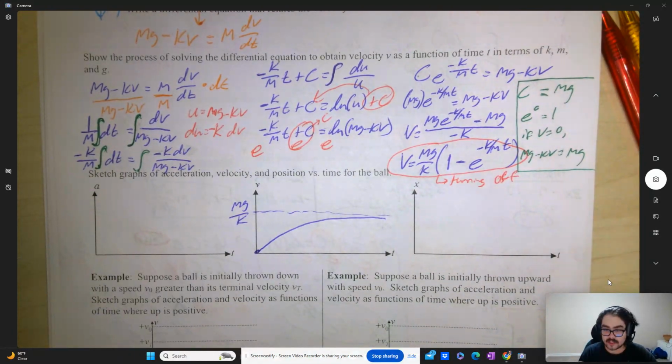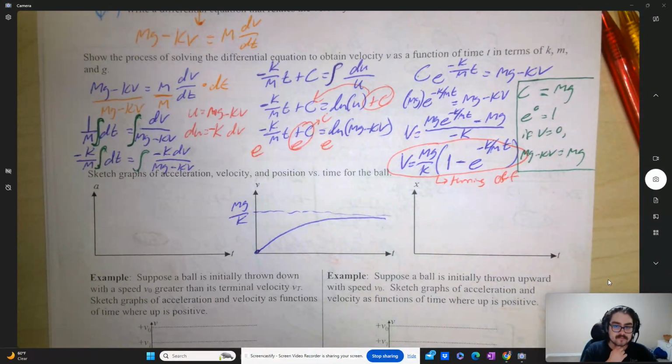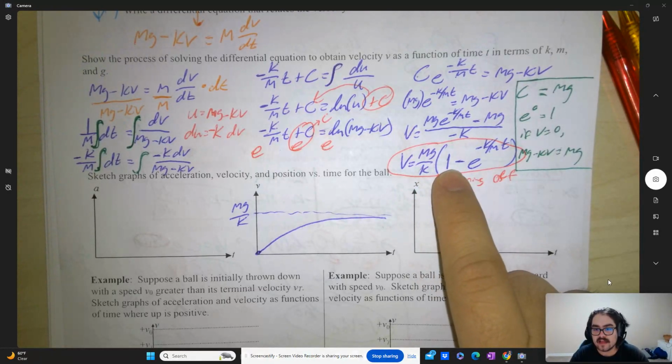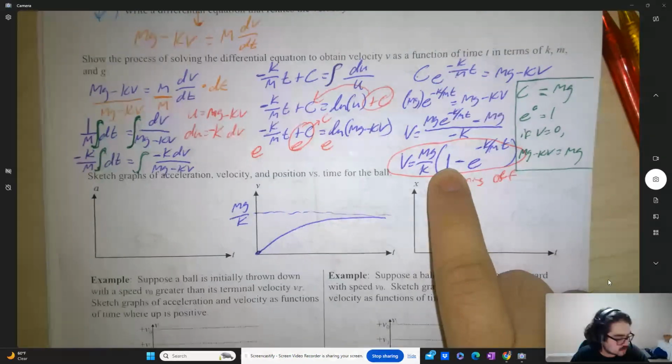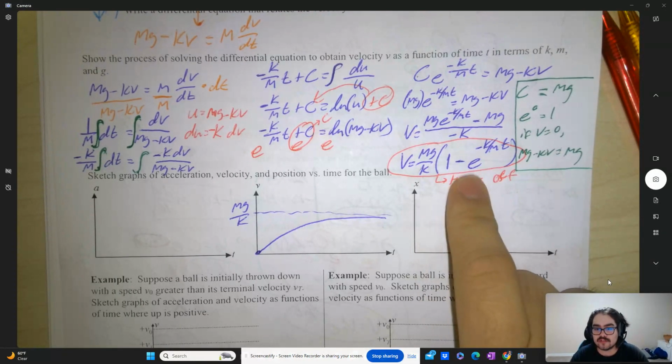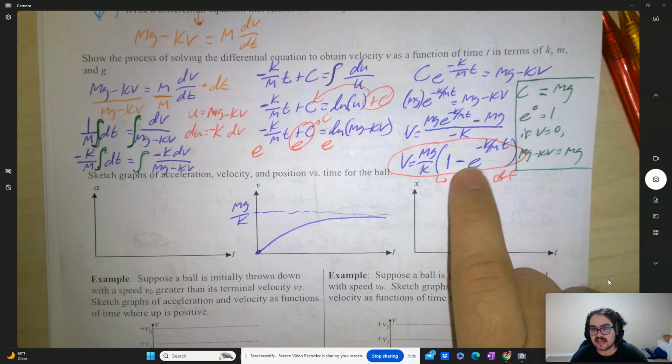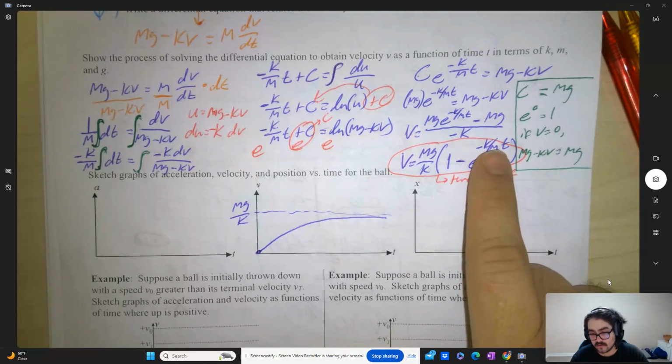All you have to do is, again, the chain rule. If you do the chain rule, you'll actually end up getting, and I'm going to skip this step a little bit, so if you take the derivative, this one is going to resolve out to nothing. Then you would just do mg. So really, it would just be negative mg over k times e to the negative k over m t.